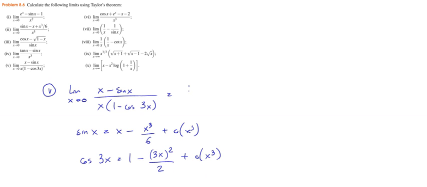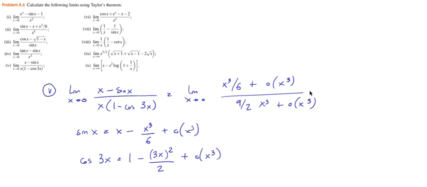So if we write this, this is the limit when x goes to 0 of x minus x. You have x cubed divided by 6 plus small o of x cubed, and then here you have 1 minus 1, 0, minus minus plus, so this is 9/2, and then this is x squared times x cubed, plus small o of x cubed.